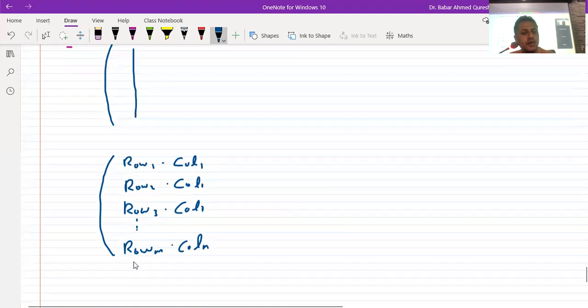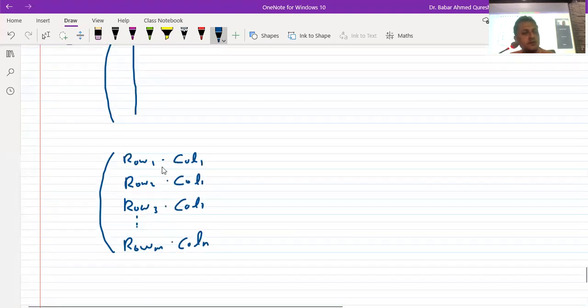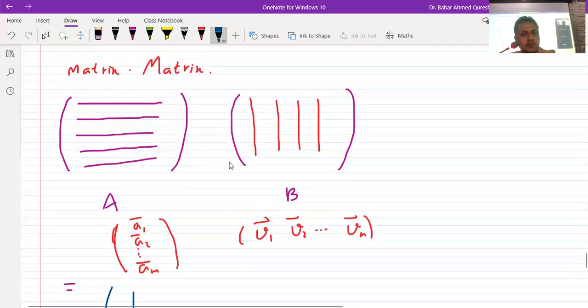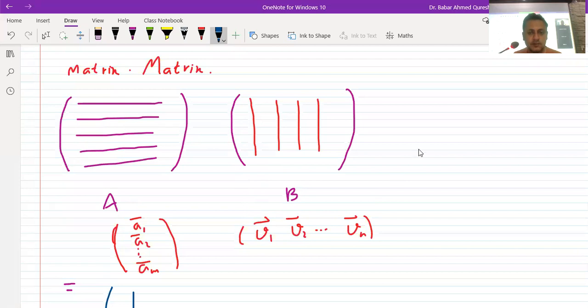By the way, to have this dot product, how should the dimensionalities match? Row 1, row 2, row 3, row m, all of their dimensionality should be the same as the dimensionality of the columns. That means if the columns of B are p-dimensional, then the rows over here must also be p-dimensional.